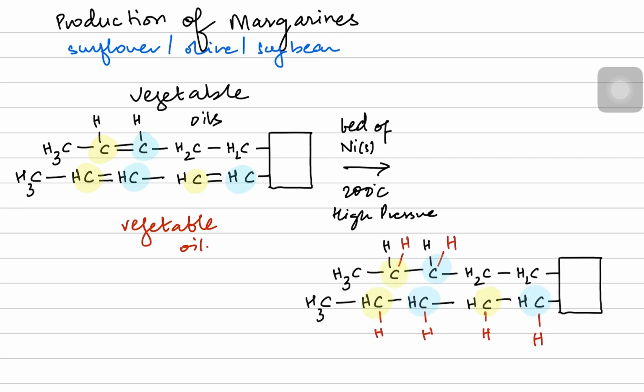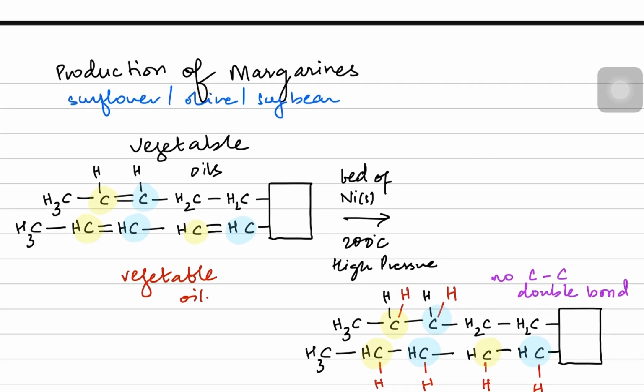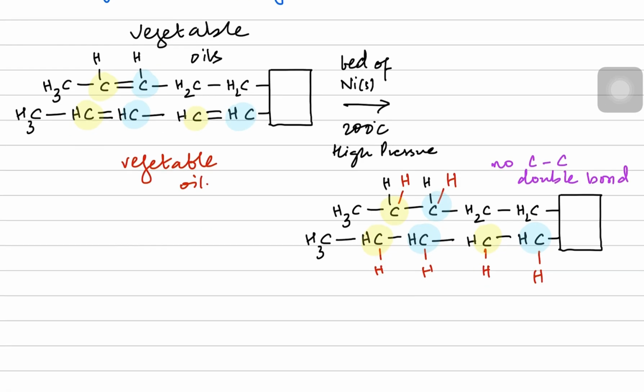This molecule has no carbon-carbon double bond, and it has bonded to new hydrogen atoms. Each carbon which had the double bond gets one hydrogen atom. So vegetable oils are converted into margarine using a nickel catalyst, in a hydrogenation reaction.